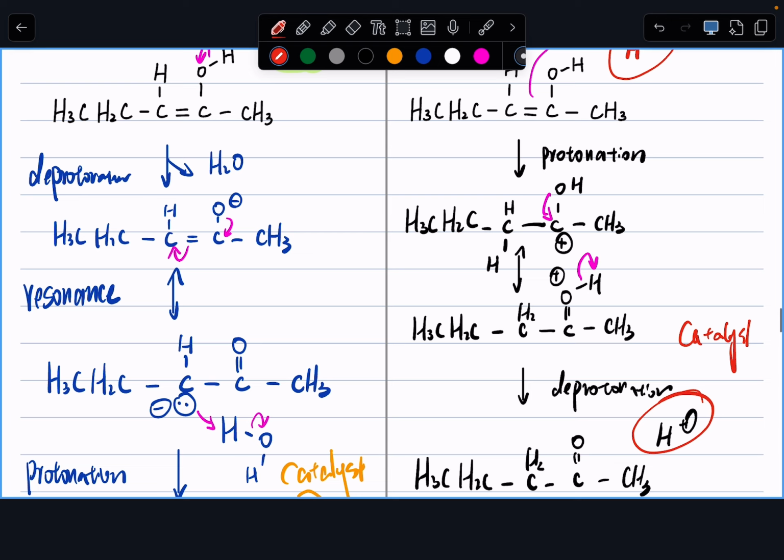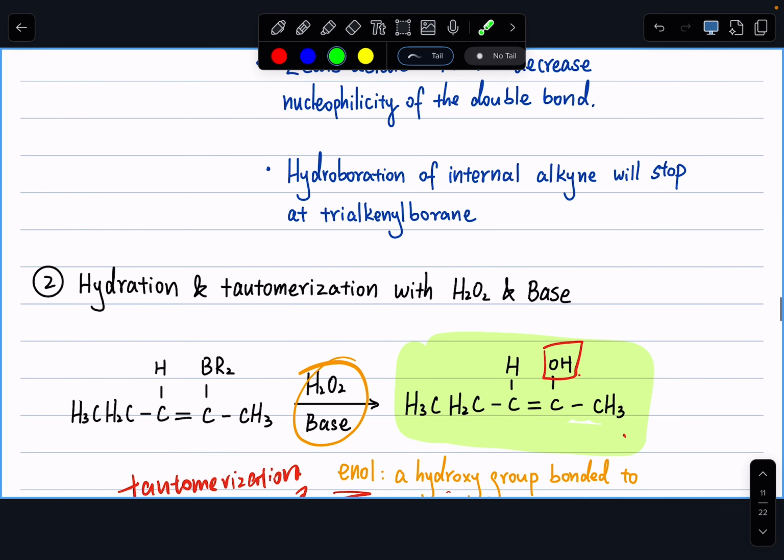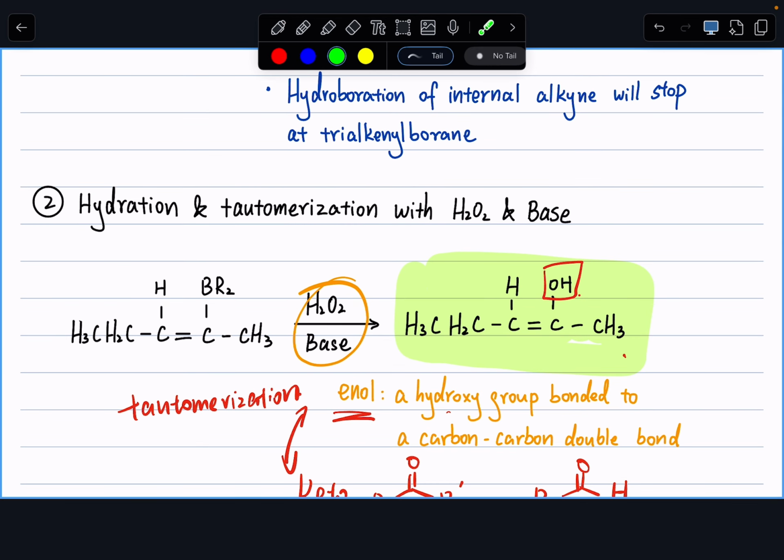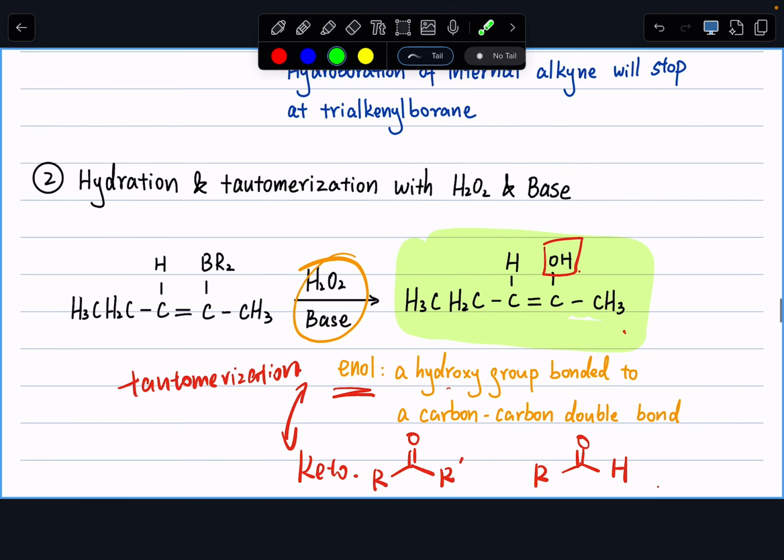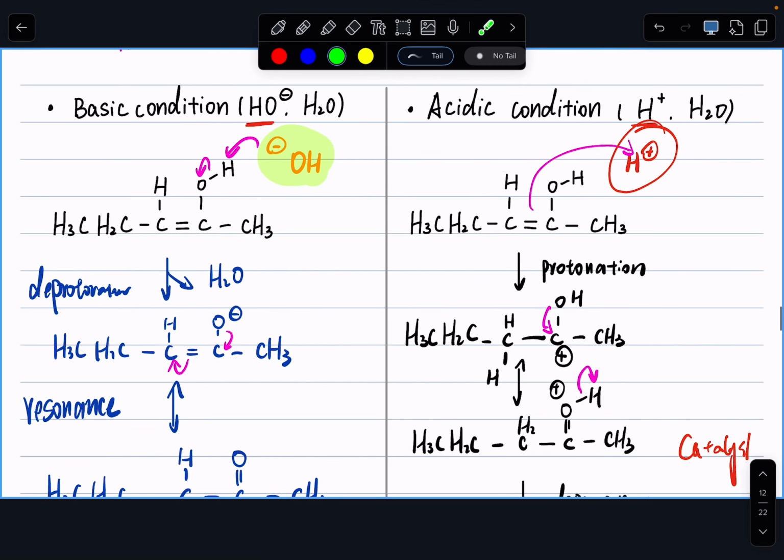So this is why we say the keto-enol tautomerization can take place under both basic and acidic conditions, but via slightly different reaction mechanisms. And why do we care about acid catalyzed tautomerization? In the first reaction, when we're doing the hydroboration hydration reaction, we're having the basic condition. But later on, we'll see the acidic condition oxymercuration reaction, and that undergoes the acidic condition.